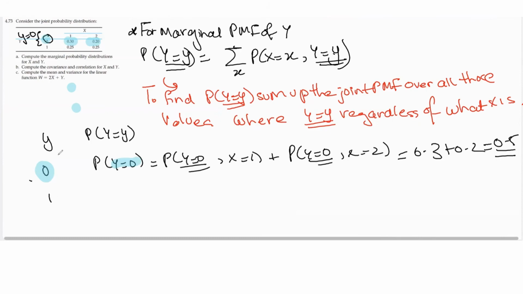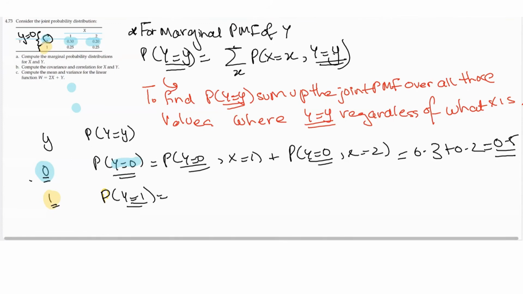Now we want to find the next value of Y, which is 1. Now I want to find the probability that Y is equal to 1. For this, we're going to sum up the joint PMF over all those values where Y is equal to 1.